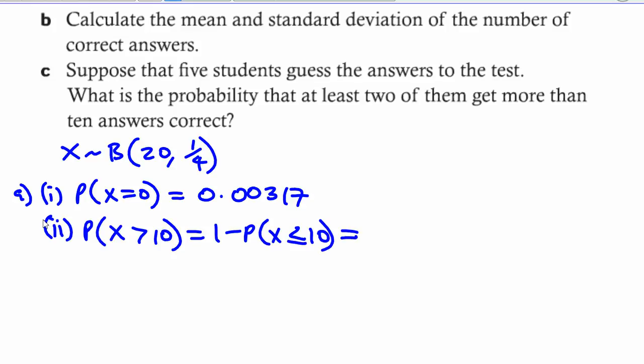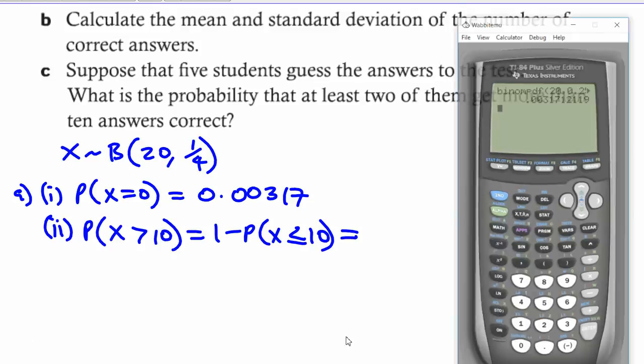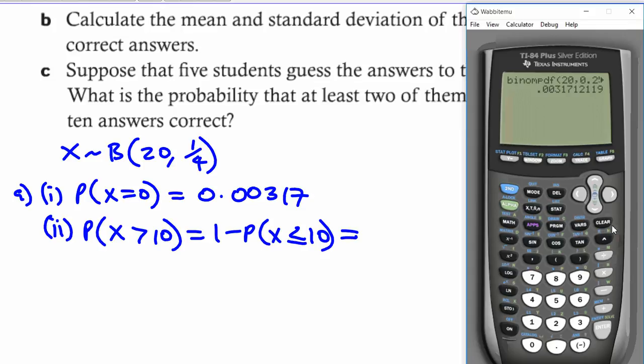And to find that, you can just plug in your calculator. But these are cumulative probabilities. So you'll go second, look for cumulative probabilities. And actually, before I do that, 1 minus, all right, because you have 1 minus.